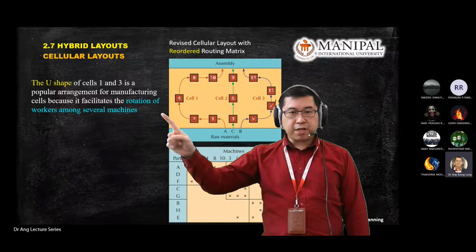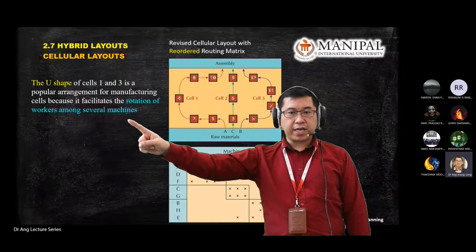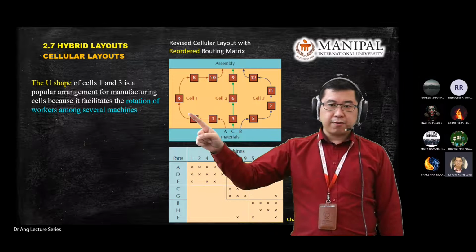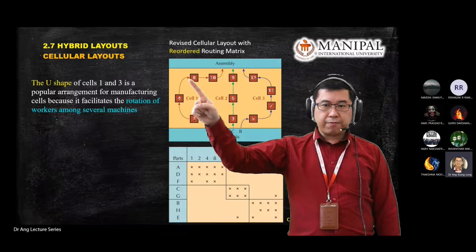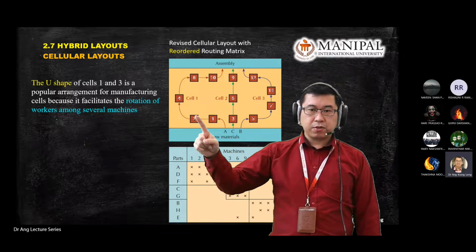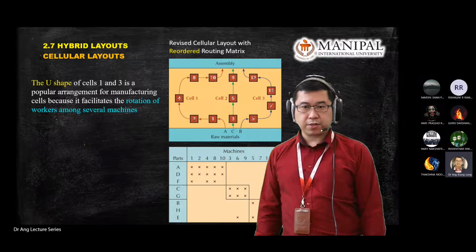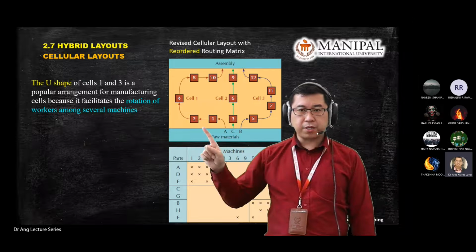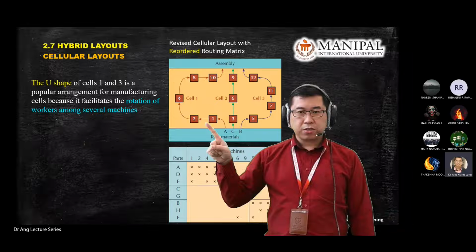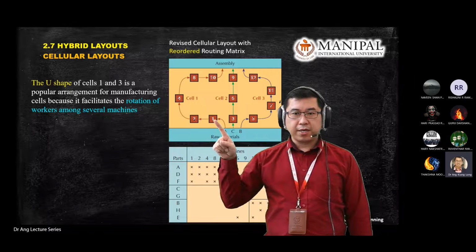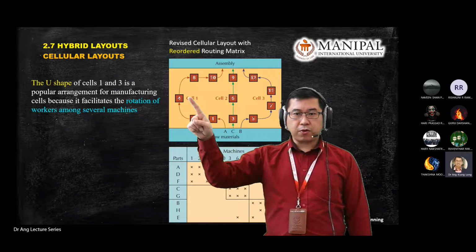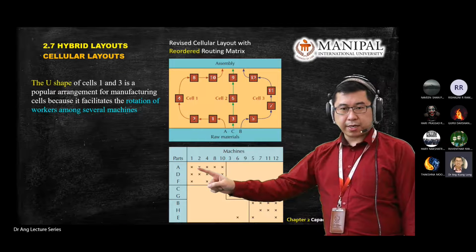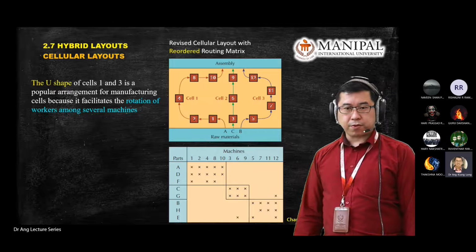The benefit of using the U-shape is to enable rotation of workers. The workers can jump from machine to machine for the needs of the process. So maybe the worker can come to station 1, and then go to number 4 if needed, depending on the parts that go into the production floor.